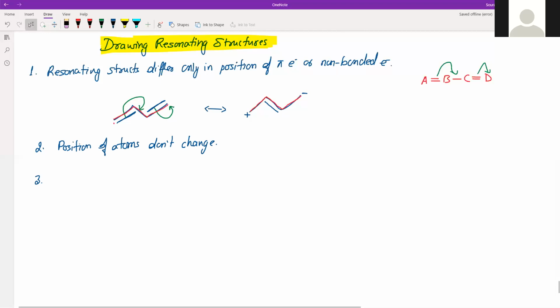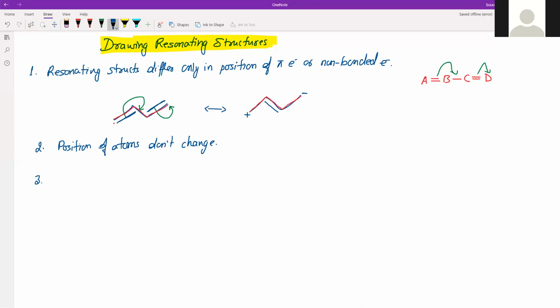Okay, so these are the 2 points. Next, all the resonating structures must be proper Lewis dot structures. That is, the octet rule should not be violated, right?